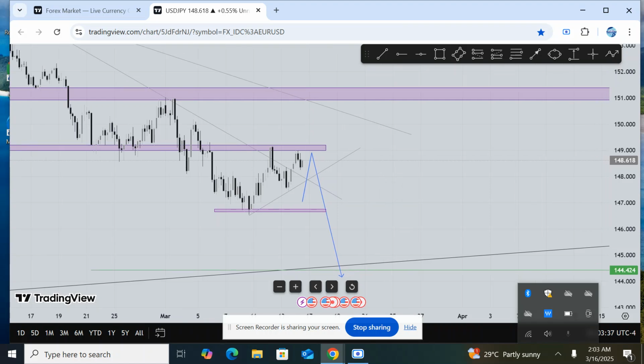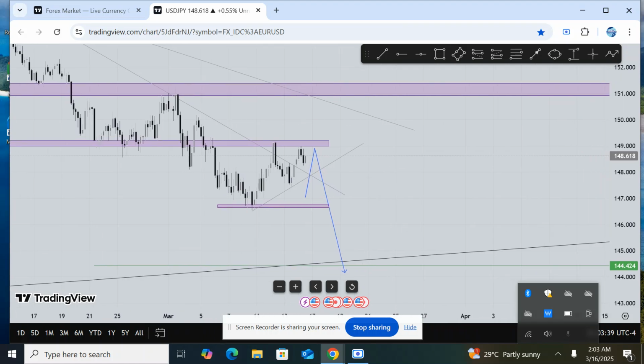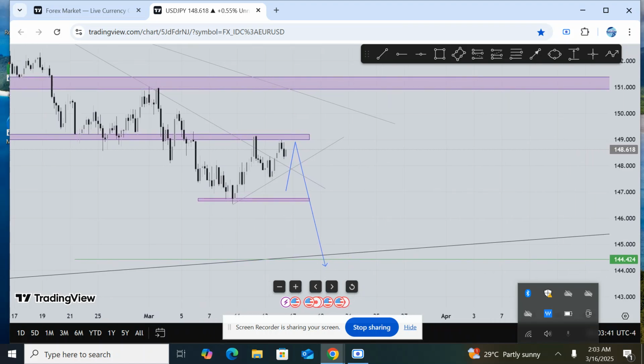If this market, I would draw another mini zone, guys. Take note of this. I'll draw another mini zone here.